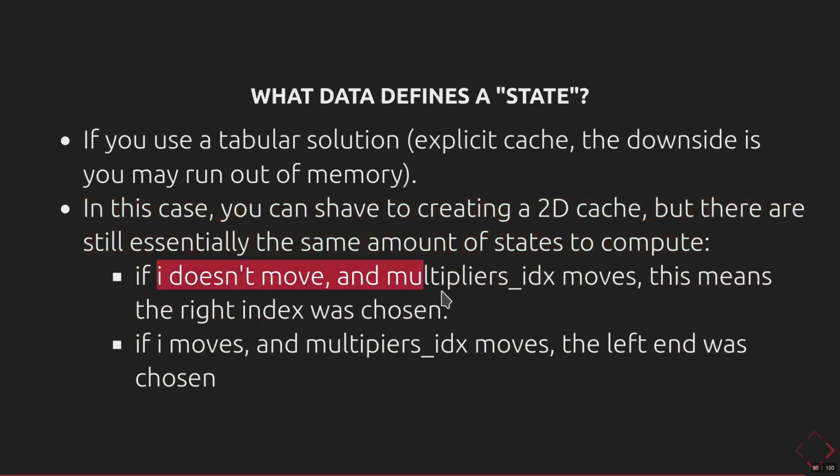So if i doesn't move and the multipliers index moves, this means that the right index was chosen. And if i moves, and i in this case is the left index of nums, and the multipliers index moves, that means the left end was chosen.